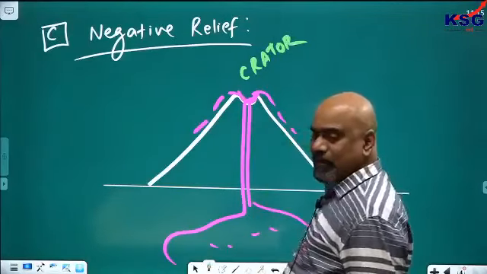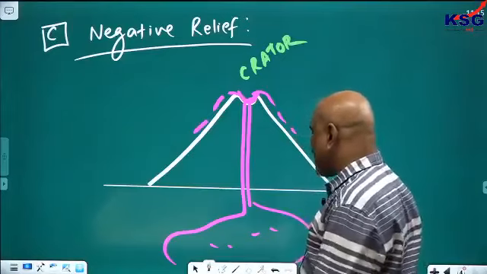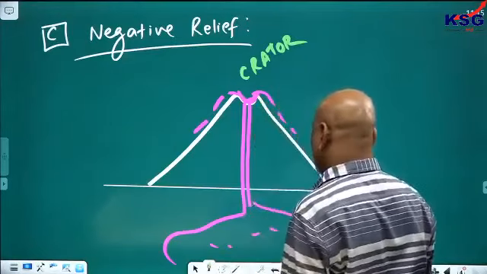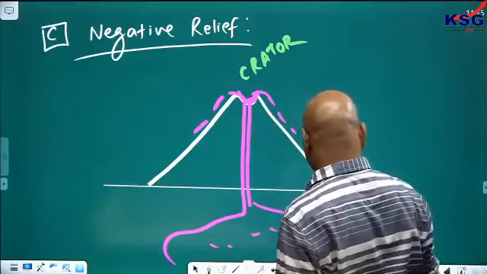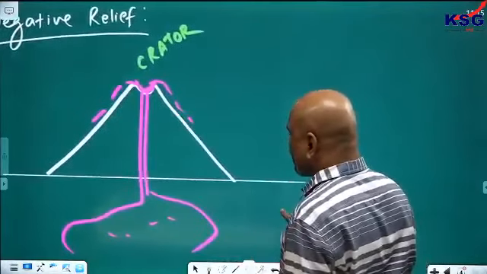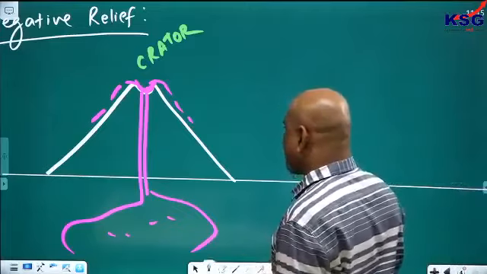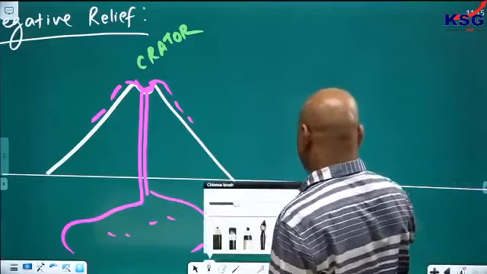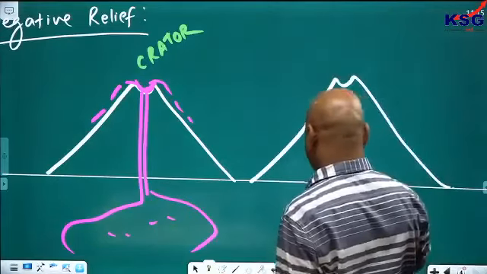Crater formation is there, this negative relief. And the most important one, due to continuous eruption, that was the crater. Let us see now how it is like. This is the crater, fine. This type of crater got developed here, as I have just mentioned.